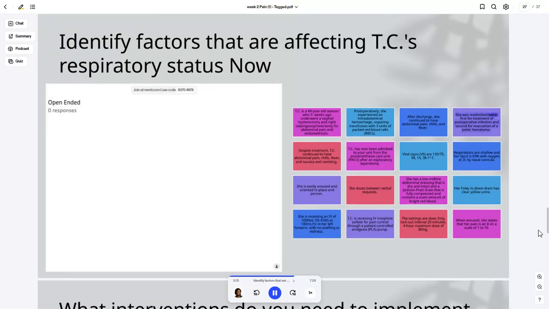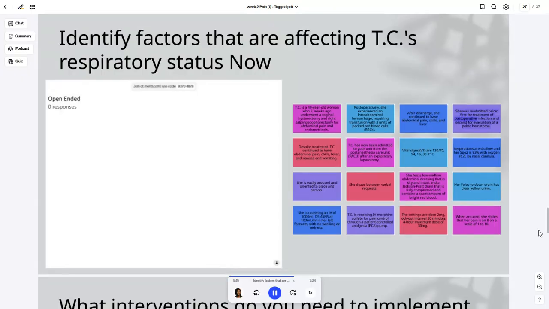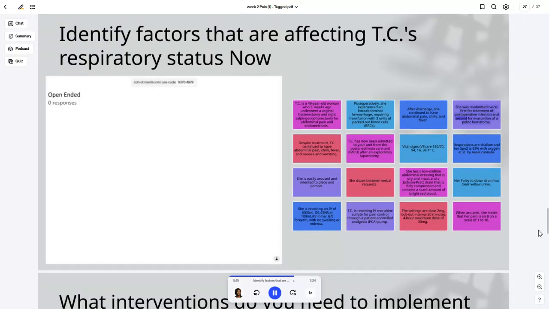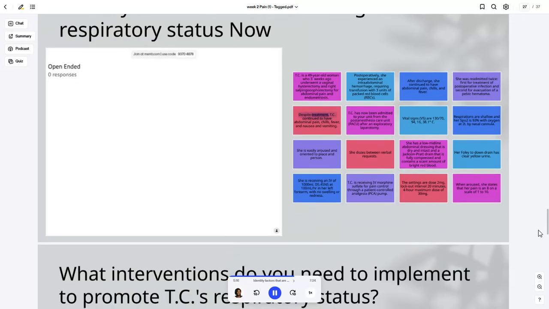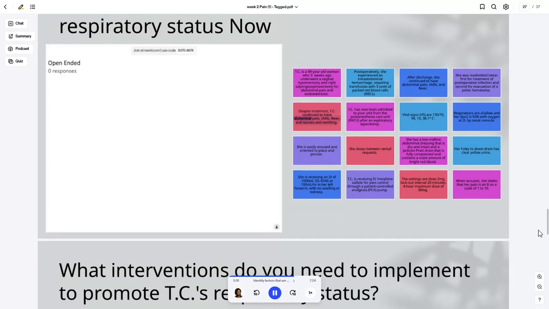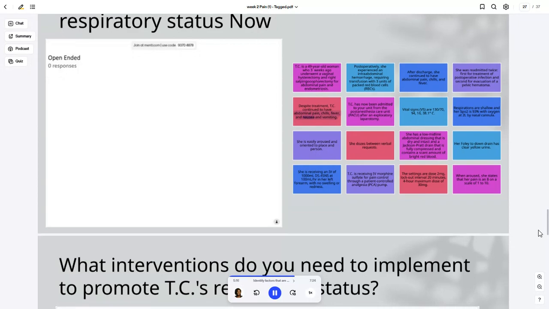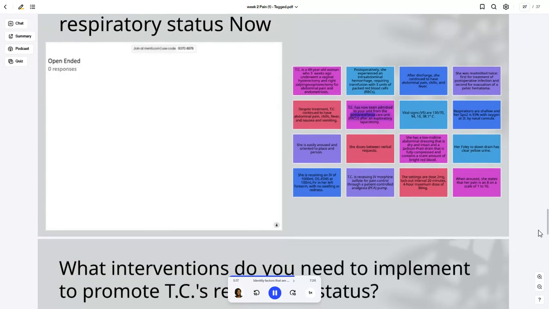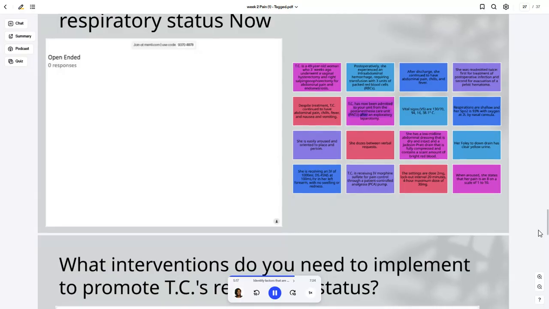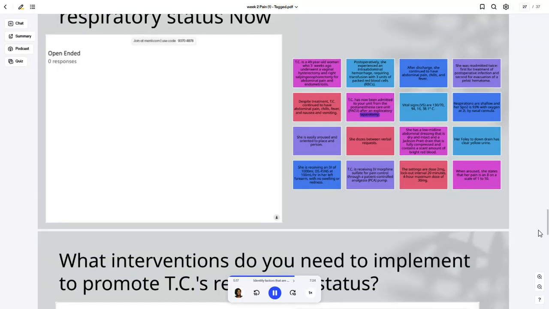She was readmitted twice, first for treatment of postoperative infection and second for evacuation of a pelvic hematoma. Despite treatment, TC continued to have abdominal pain, chills, fever, and nausea and vomiting. TC has now been admitted to your unit from the Post-Anesthesia Care Unit, PACU, after an exploratory laparotomy.